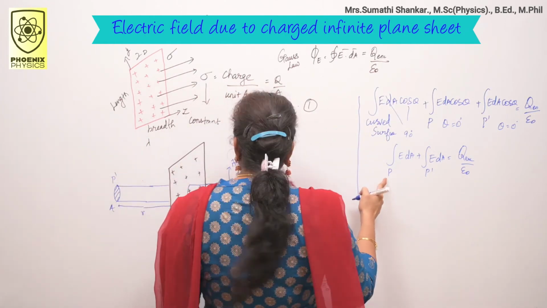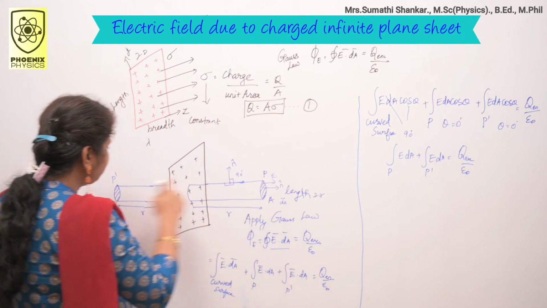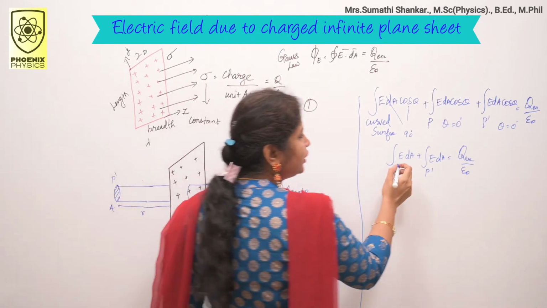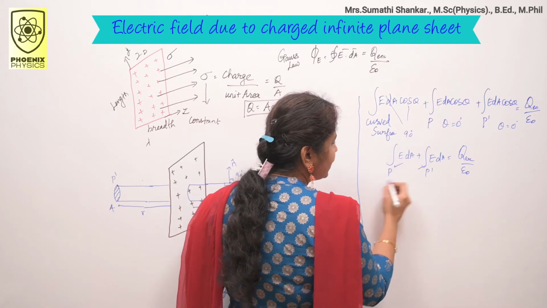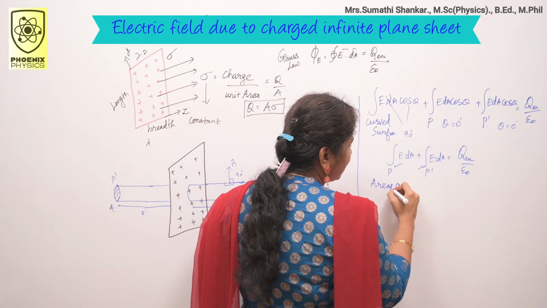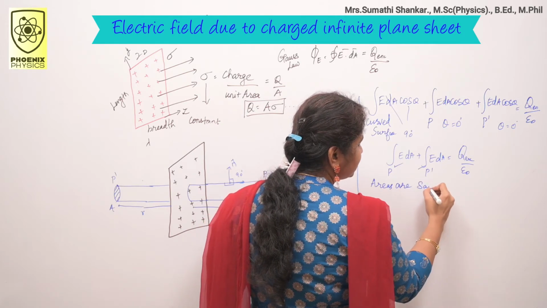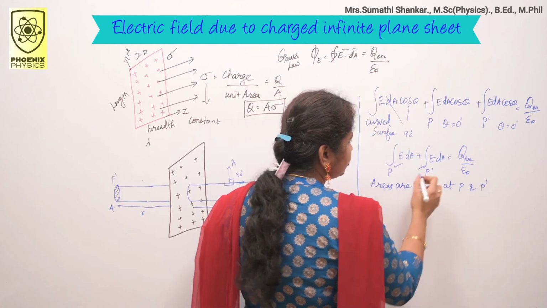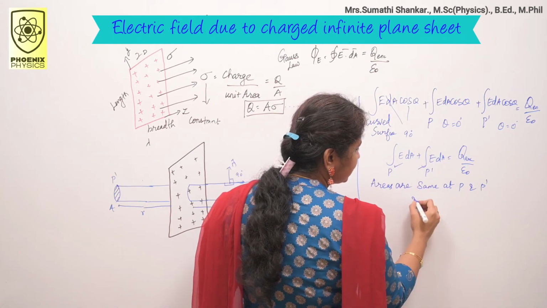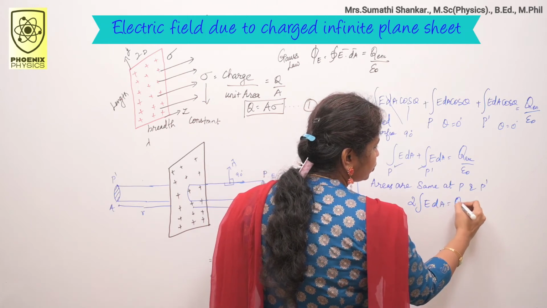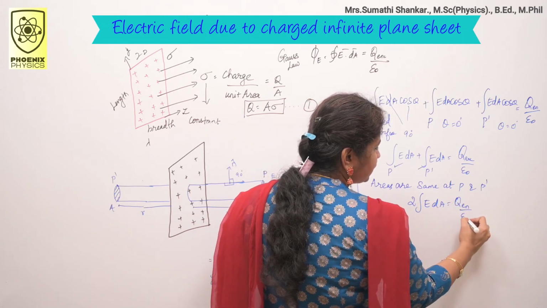See, both the areas at P and P dash are the same. So you can simply add these two integrals. Why? Because the areas are the same at P and P dash. So you can add these two integrals, that is 2 integral E dA is equal to Q enclosed by epsilon naught.